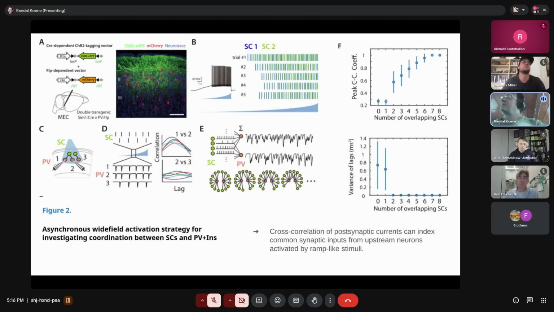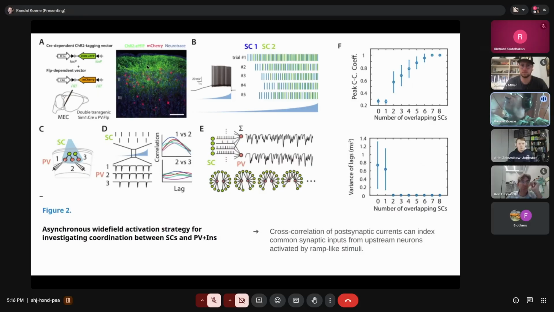And this is where they first start to show the protocol that they have for the optical activation and recording by patch clamp. What they're doing here is activating stellate cells, setting it up so that channelrhodopsin 2 is conditional on the presence of Cre, and mCherry is conditional on the presence of Flp.